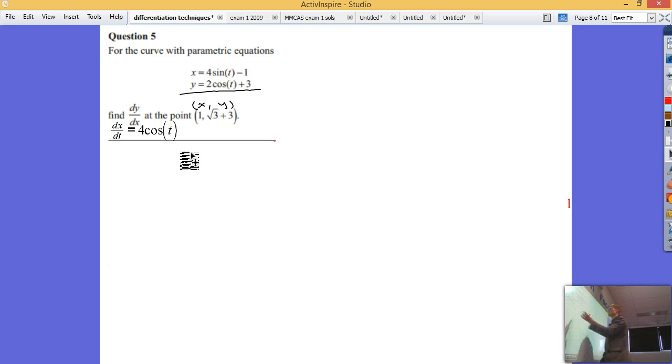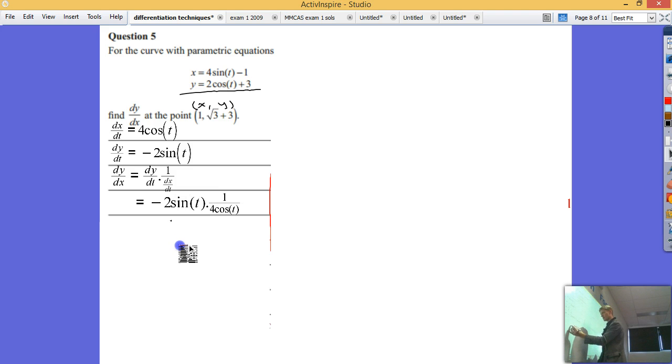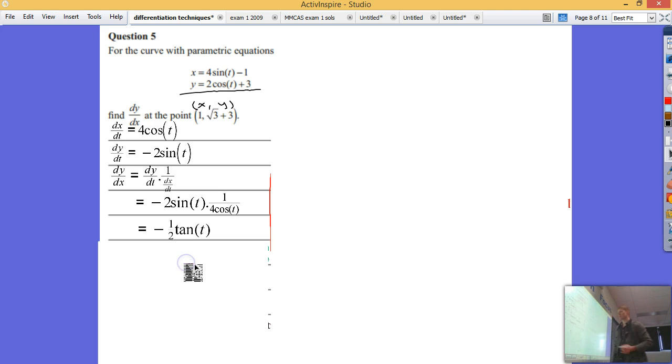There's the first one, and dy dt becomes a negative sign. I'm going to put them together using my chain rule, and I will obtain a sine over cos expression, which is tan. So I get negative half tan of t.